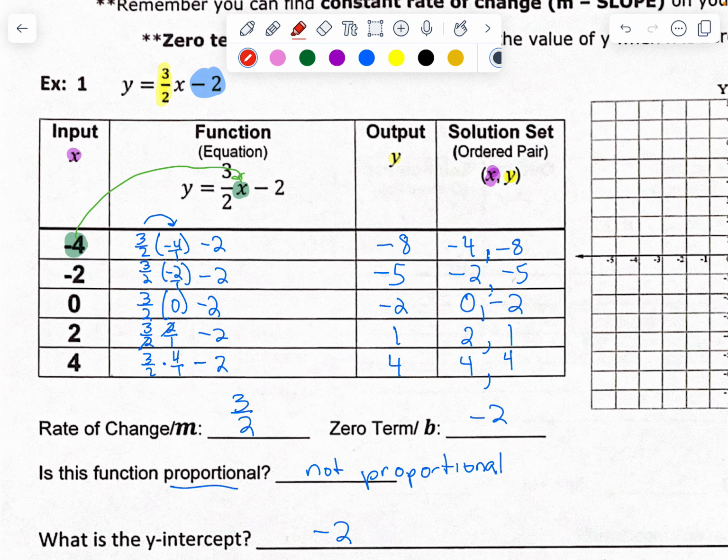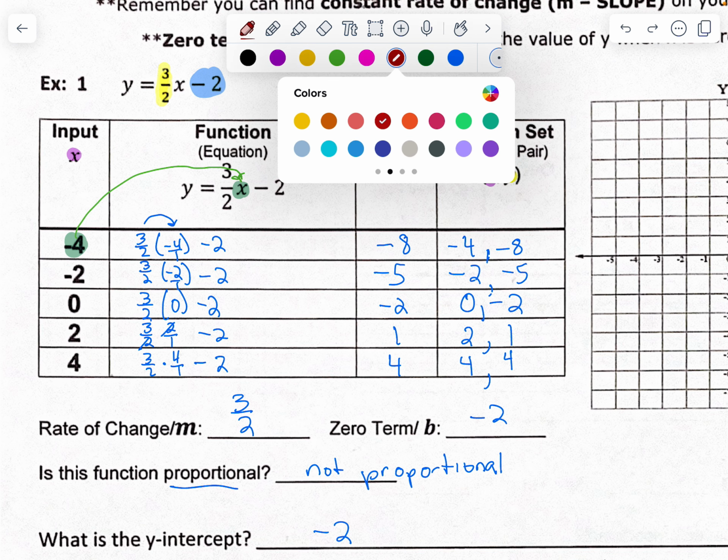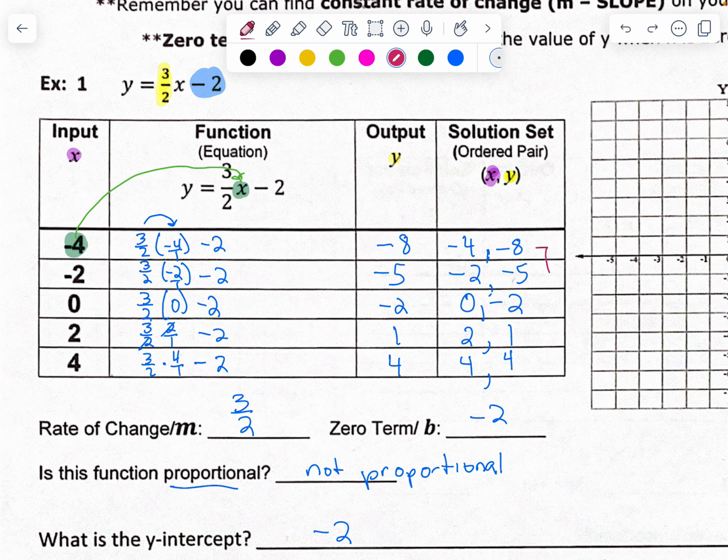Remember yesterday when we were calculating slope from a table, and I did my little change of y over change of x, plus 3, plus 3, plus 3, plus 3. That shows up right here. And then here is plus 2, plus 2, plus 2, plus 2.